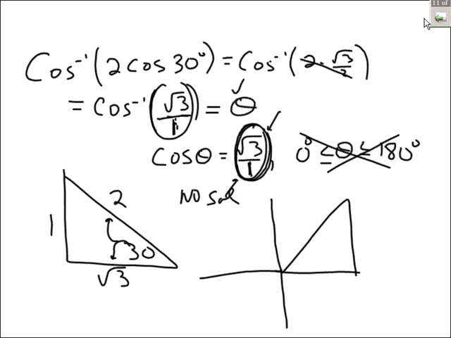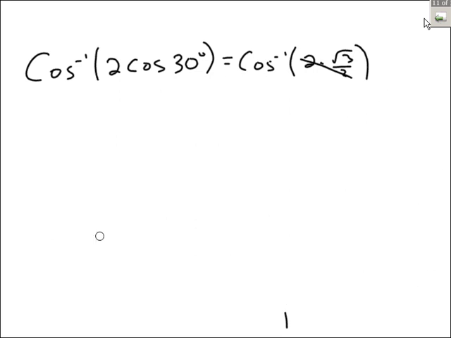Okay, so let's do a very similar problem. What if on the top, instead of 2 cosine of 30, it says 2 cosine of 60? I'm just going to change the 3 to a 6.